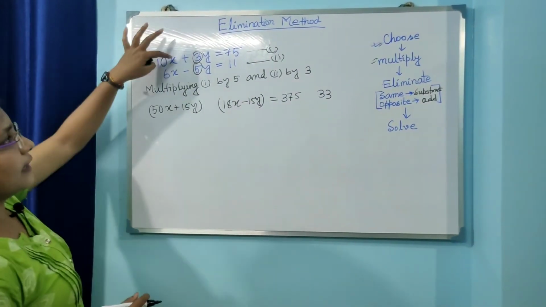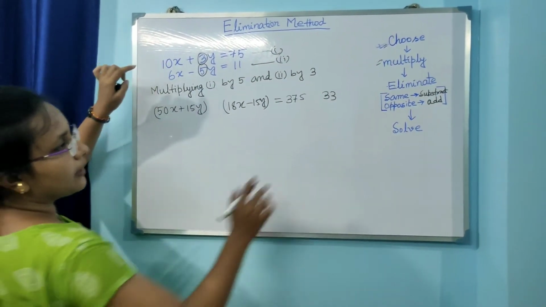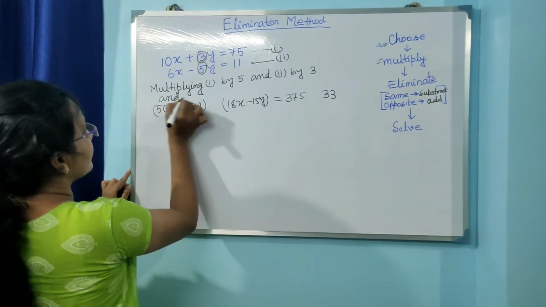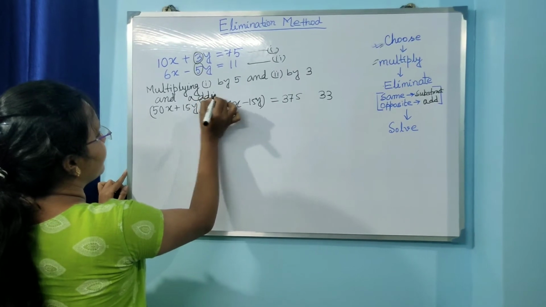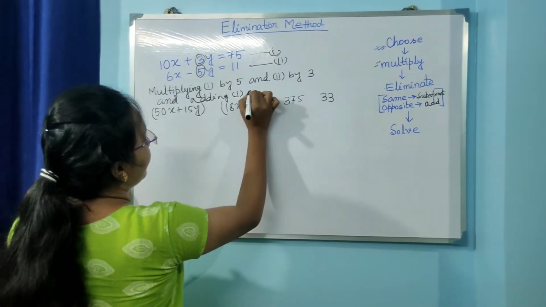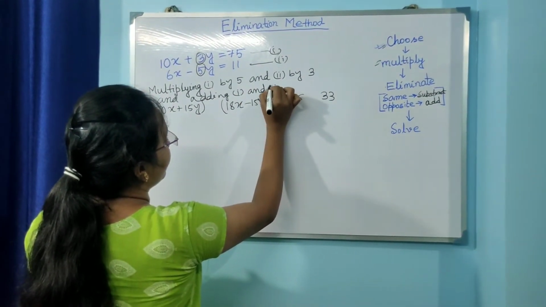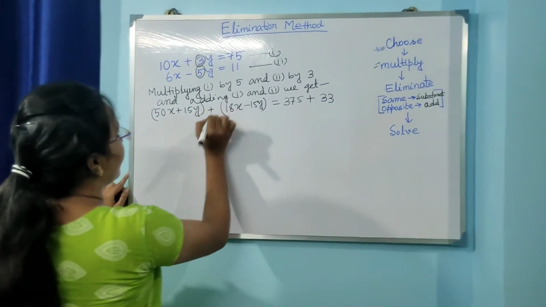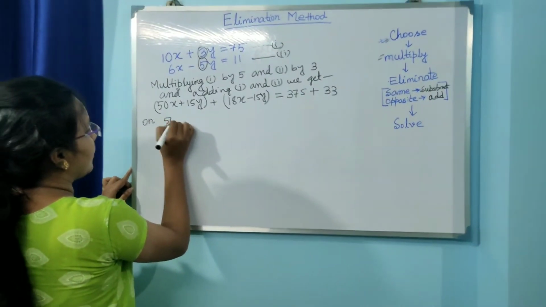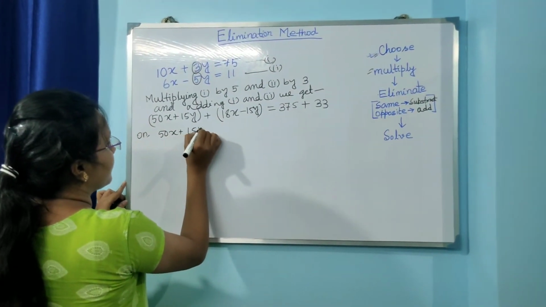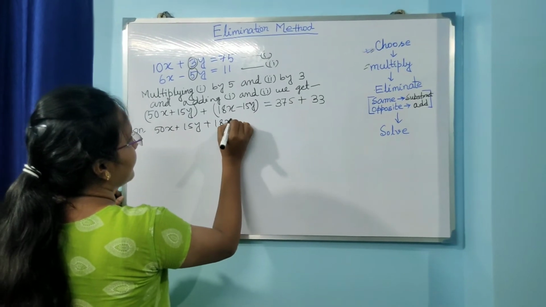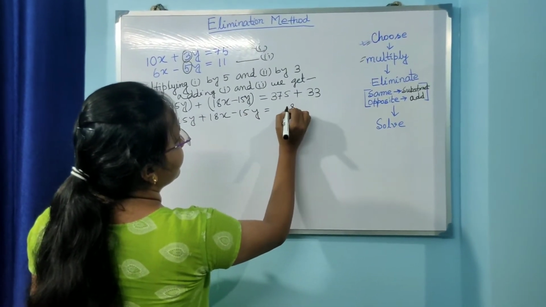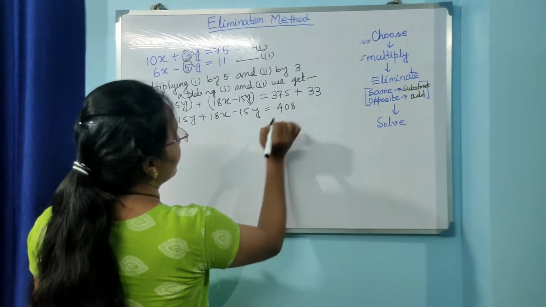Now see, here they have opposite signs. If opposite signs, then we have to add. So adding 1 and 2 we get 50x plus 15y plus 18x minus 15y equals 408.